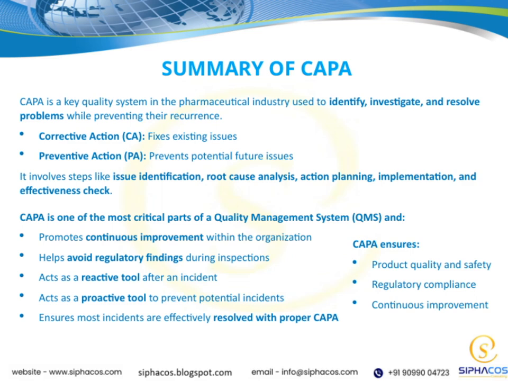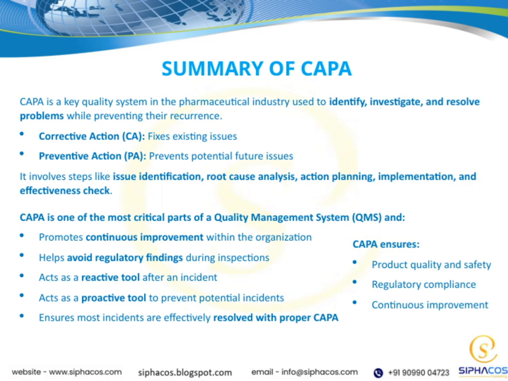Importantly, CAPA is one of the most critical parts of our quality management system. It promotes continuous improvement within our organization, helping us become more efficient and reliable. It also helps us avoid regulatory findings during inspections, which is vital for maintaining our reputation and license to operate. CAPA serves both reactive and proactive purposes. Reactively, it helps us respond effectively after an incident occurs.